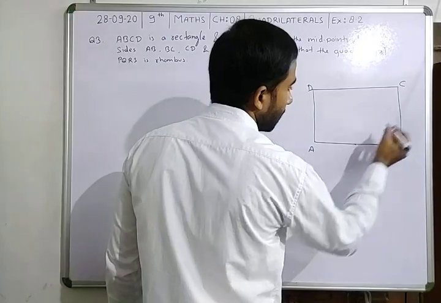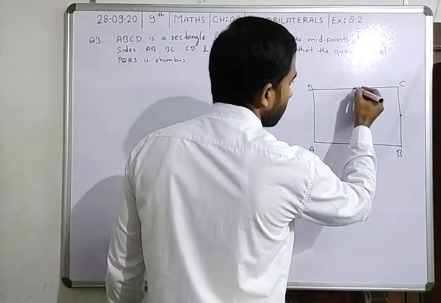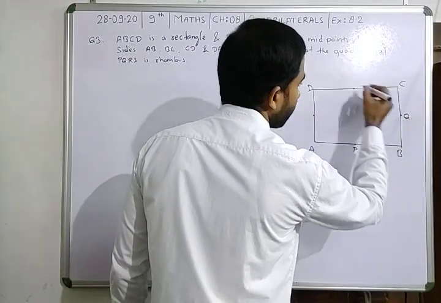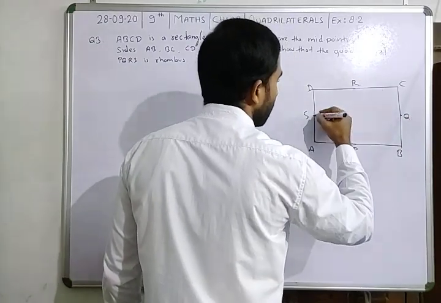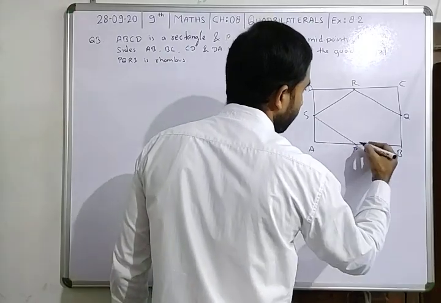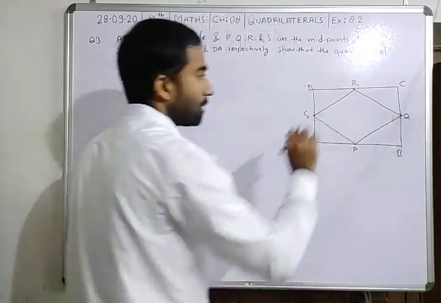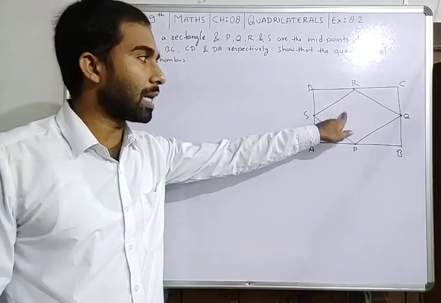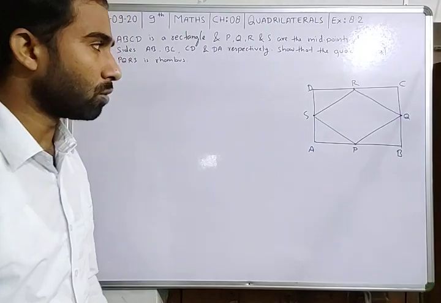Plot the midpoints P, Q, R and S, write the names, and join all these points to each other. Now you can see the figure. We are going to prove that the inside quadrilateral is a rhombus.